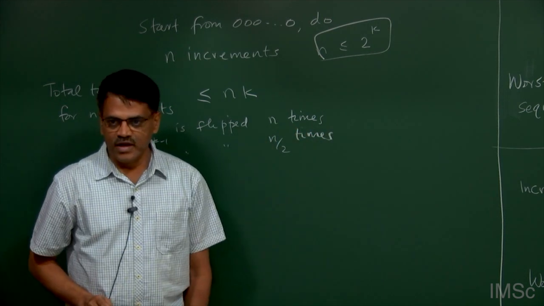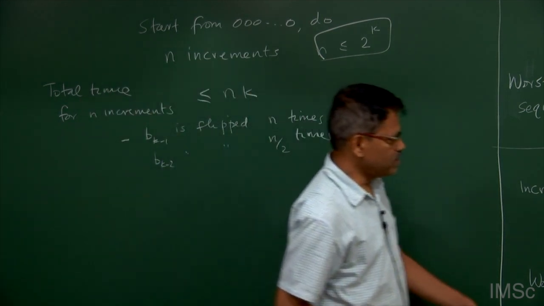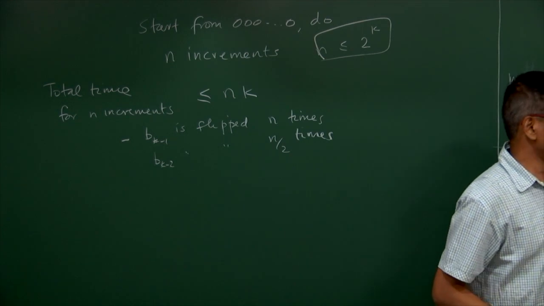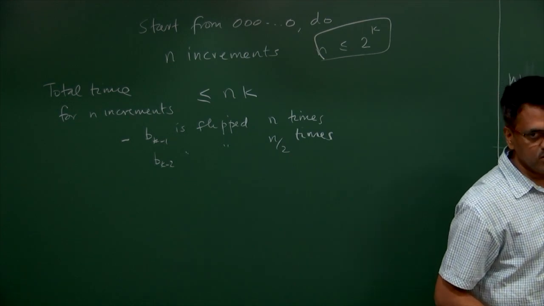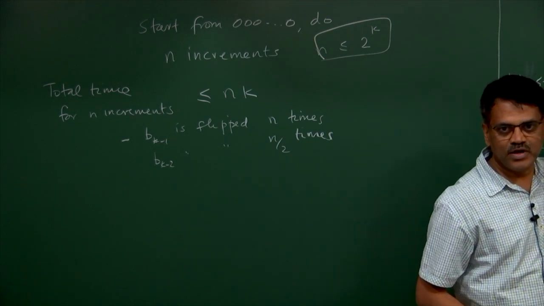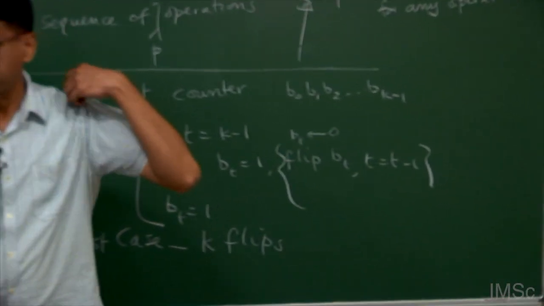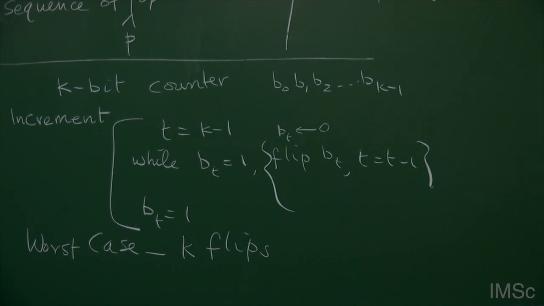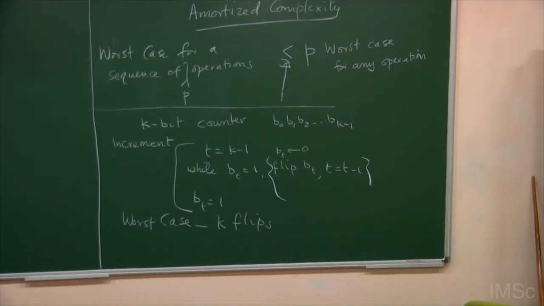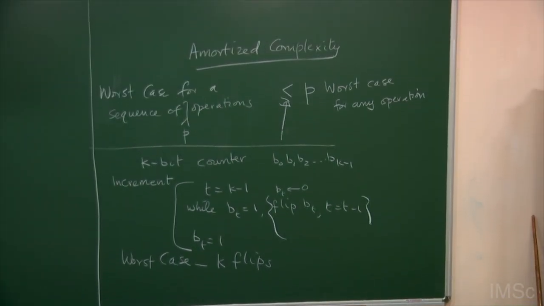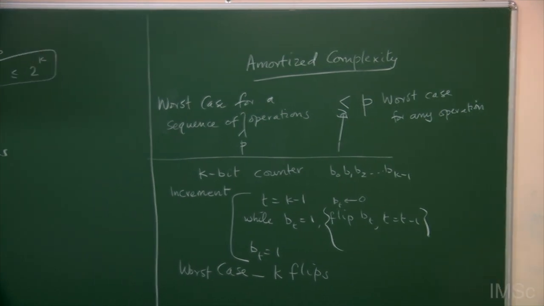You all see this? Because the moment you flip the last thing from 1 to 0, the subsequent increment will just change the 0 to 1 and stop. It won't even go to the previous bit. Now you can guess what's going to happen: d(k-3) is flipped n by 4 times.